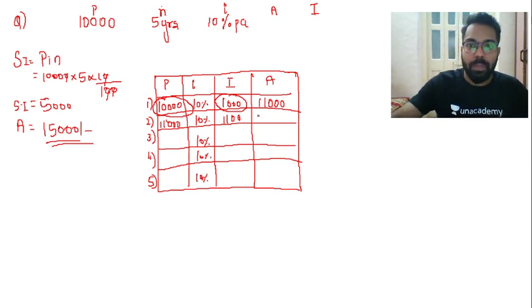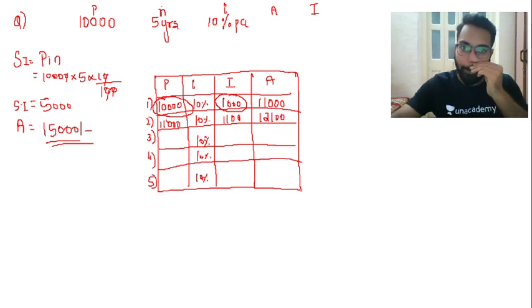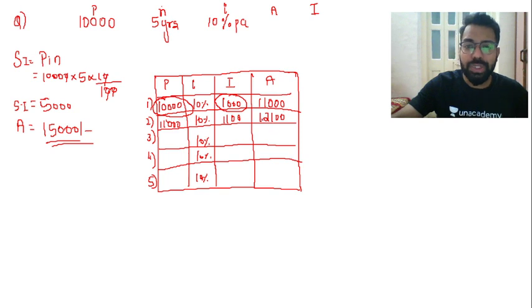So the new amount will be 12,100 rupees. Now this 12,100 includes 1,000 interest which is earned in the first year, and 1,100 interest which is earned in the second year.